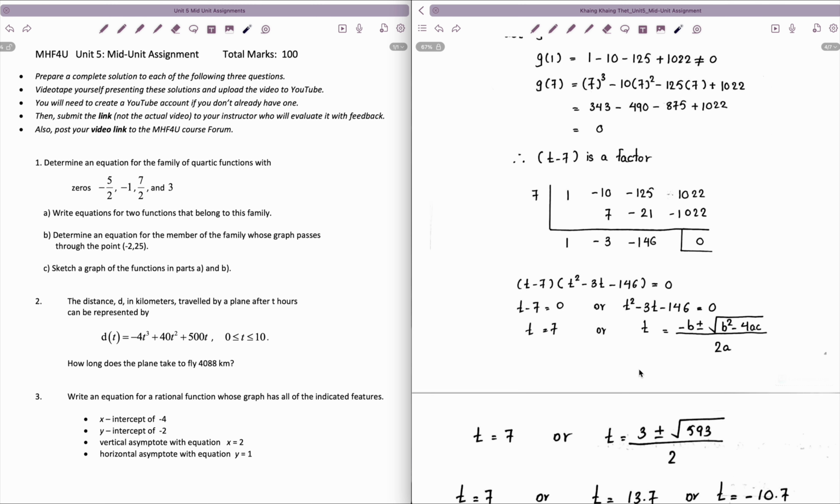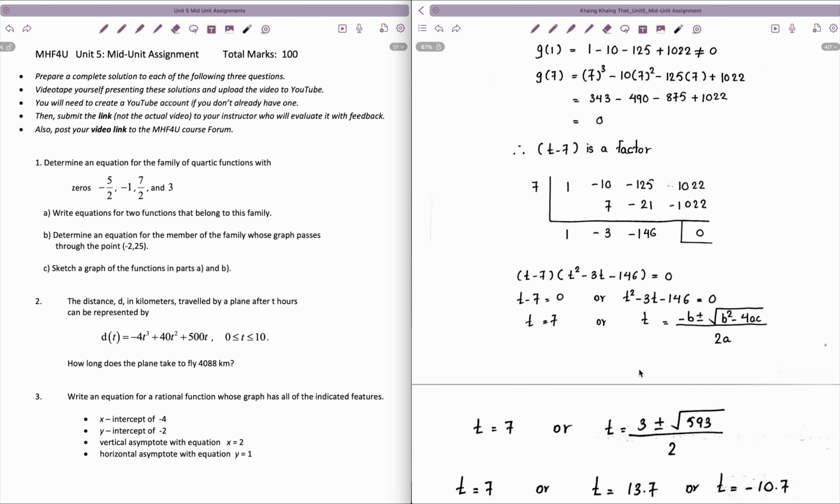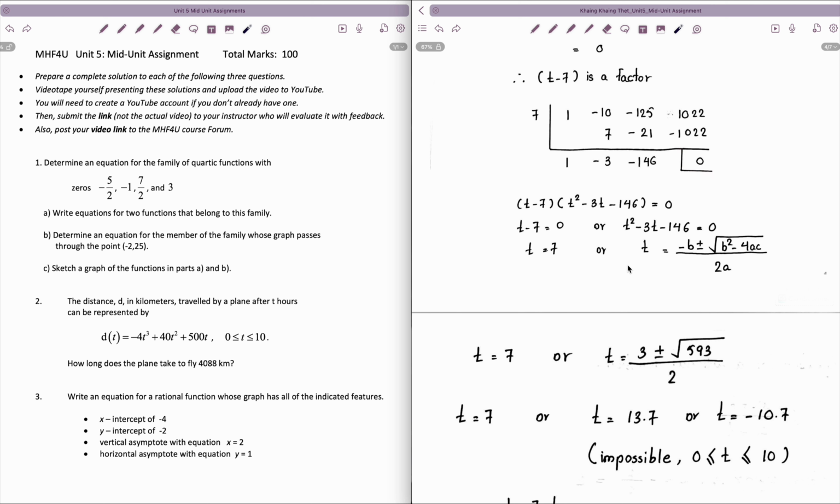Next, using synthetic polynomial division to divide g(t) by t minus 7, we get the remainder 0. So it is a factor, and we factor the quotient. So t minus 7 times t squared minus 3t minus 146 equals 0.